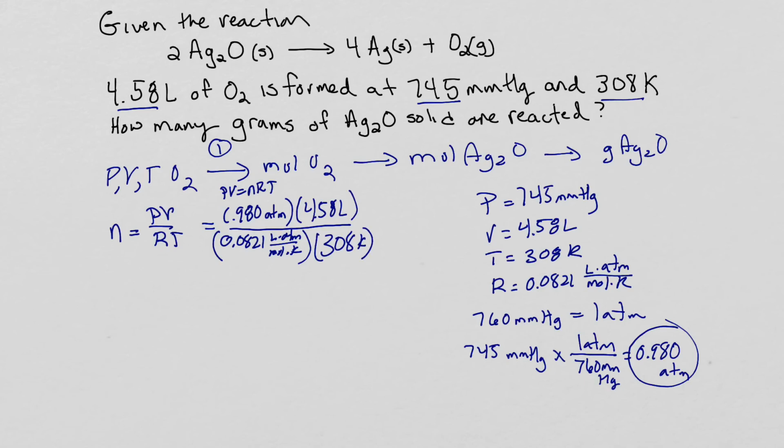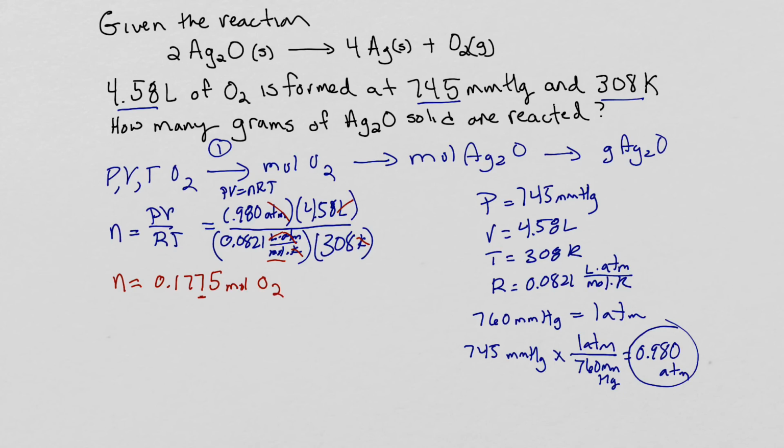So if we cross our units, atmospheres cancel here, liters cancel here, Kelvins cancel here, we're going to be left with moles. So if I do my math, I get that n is equal to 0.1775 moles of O2. Of course, eventually we're going to round that to 3 significant figures, but we're going to carry an extra one along with us here.